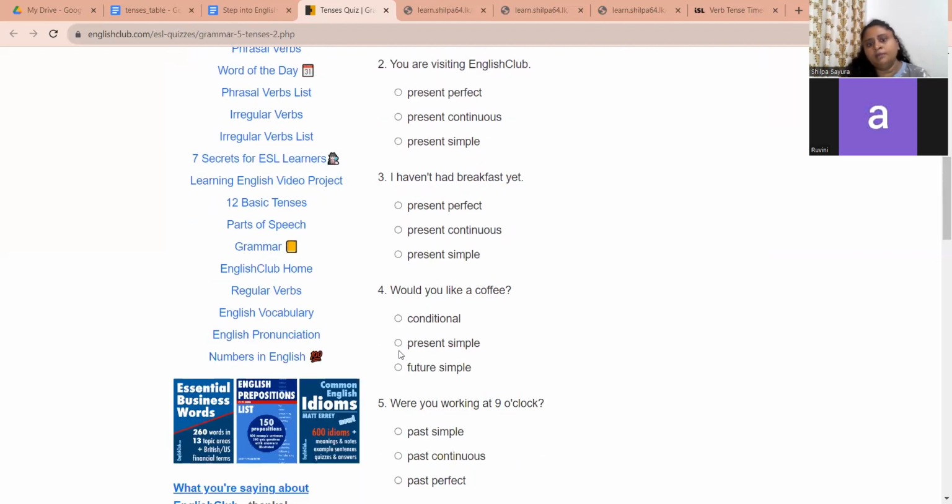I haven't had breakfast yet. To which tense does it belong? Haven't had. Had is the past participle of have: have, had, had. Yet, a single word, is there. You may feel this is a little tricky because had is also there.